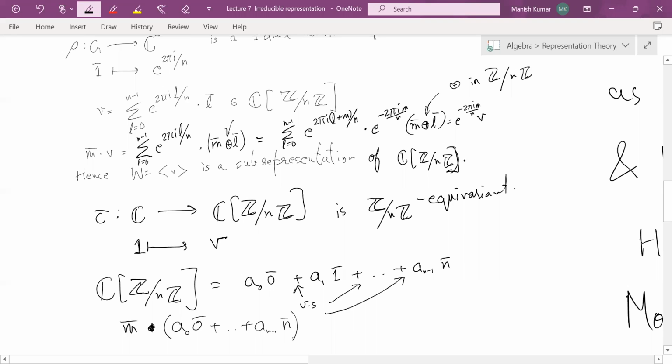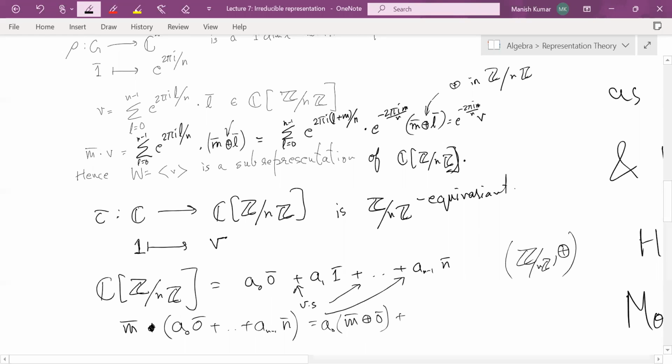If Z mod NZ is a group with this group operation, then M bar acting on A0 times 0 bar is going to be M bar itself, because M bar plus 0 bar is M bar.